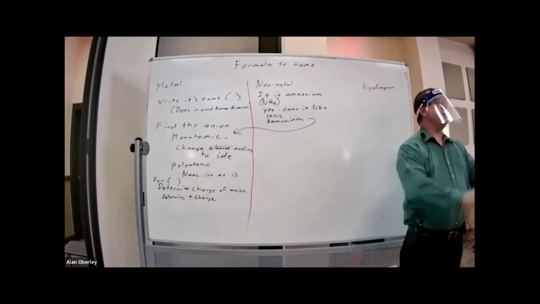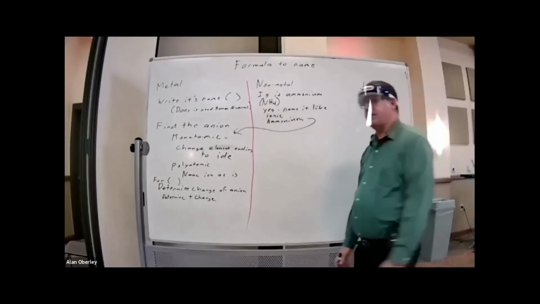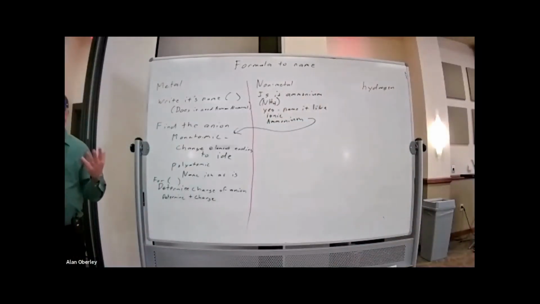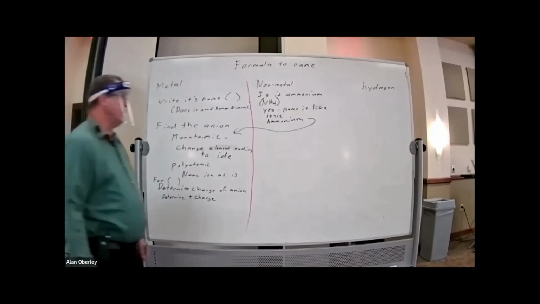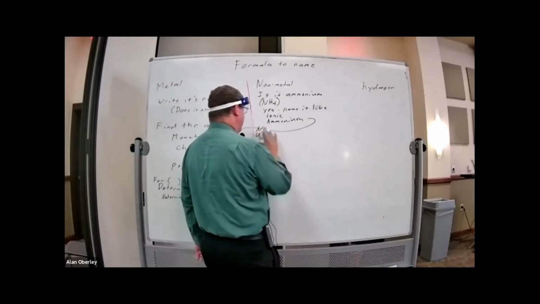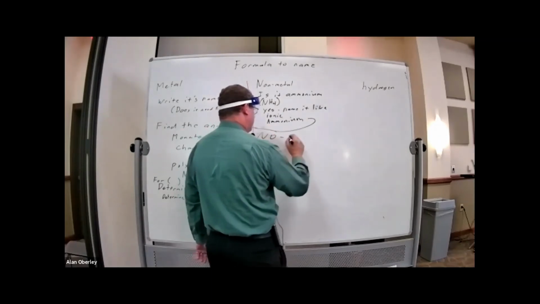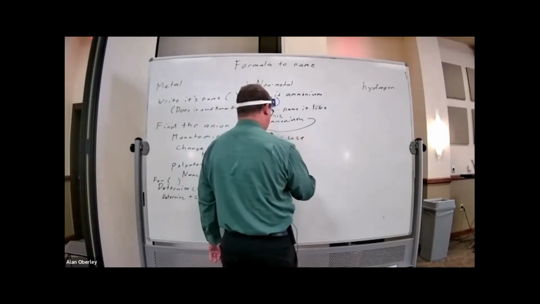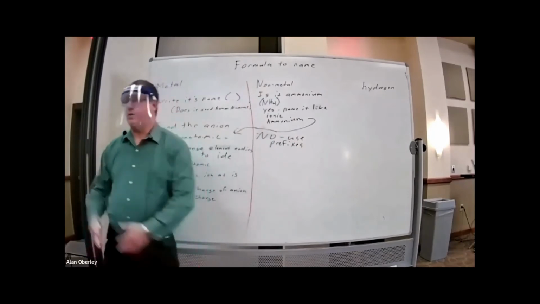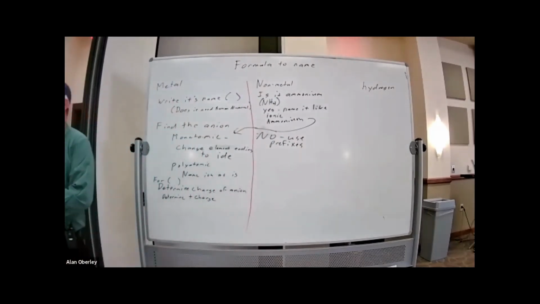So if it's not ammonium and you're seeing it in this class and expected to name it, you're going to have a system of two nonmetals, okay? You're going to use prefixes. So if it's not ammonium, you're going to use the prefixes mono, di, tri, tetra, etc. And you're going to determine the number of the first element and the number of the second element.